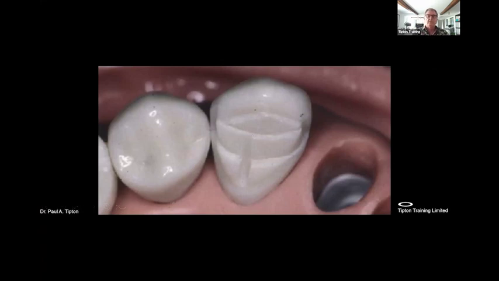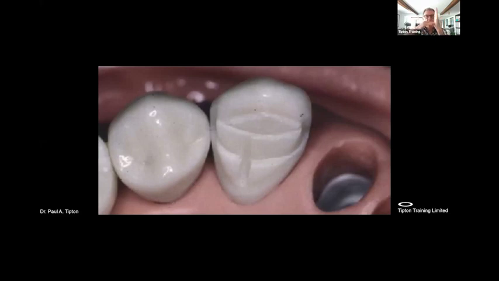What does a rest seat do? It means the metal, when it goes into there, I've now got a 90-degree bit of metal sticking into the tooth. Now you tell me how that bridge can displace apically when I've got a 90-degree angle with metal fitting in there. It is now physically impossible, as long as the metal fits precisely into the rest seat.